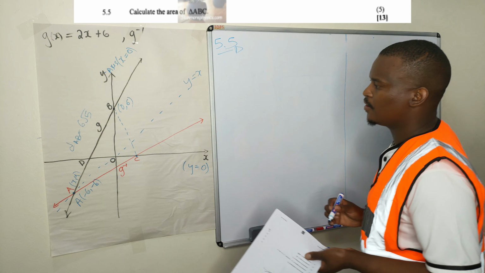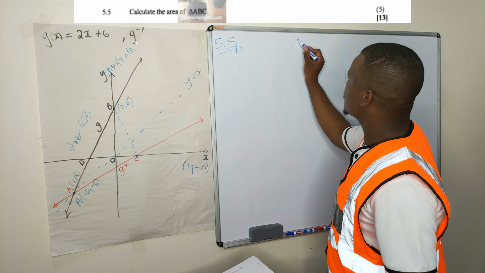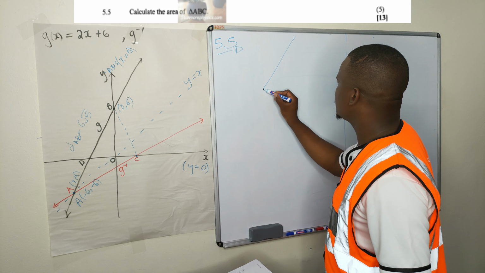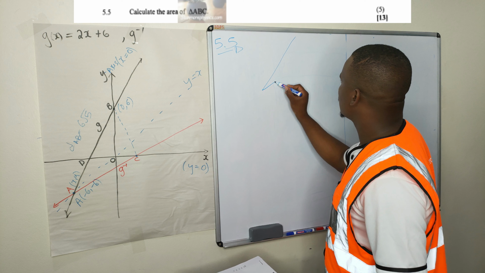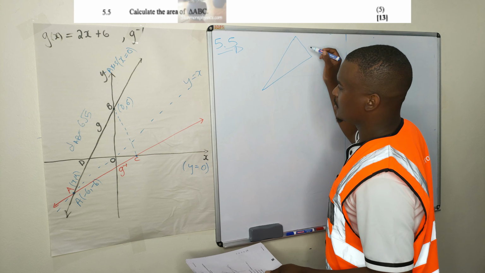They want you to calculate the area of that. So let me draw this triangle. Let me try to draw something similar to this triangle, something like this, then like this, then like that, right?